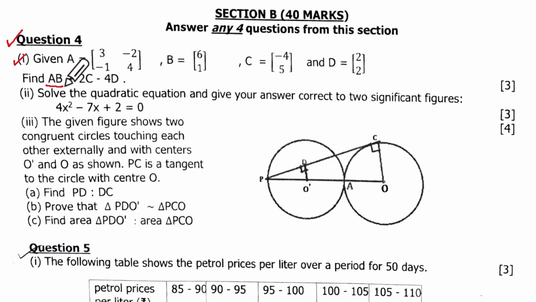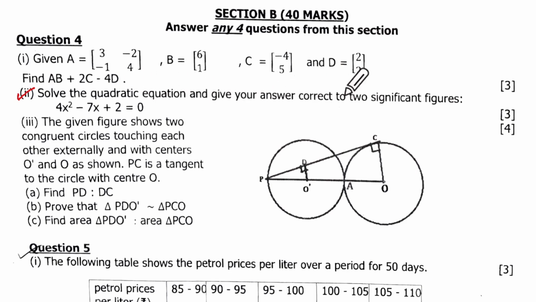And you have to find first AB, which is A into B you'll multiply, plus 2C means 2 multiplied by this, it will be minus 8 and 10 here, minus 4D, so minus 4 into bracket this, so it will be 4 2's 8 and 4 2's 8, so 8 here and 8 here, and then you have to just add. So this one I think you should be able to handle on your own. So let us just keep that for you to be done on your own. Let us look at question number 2.